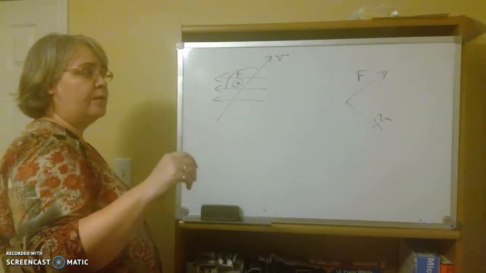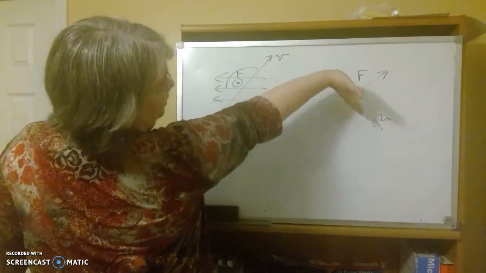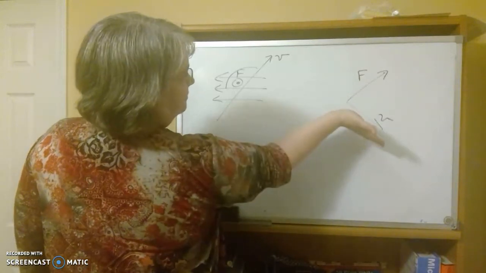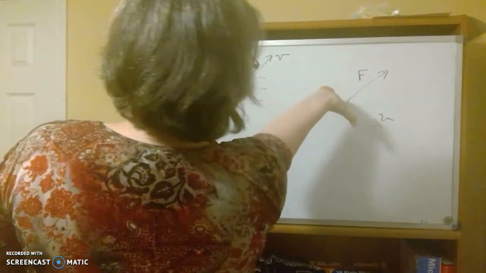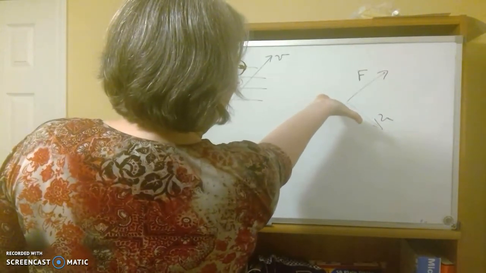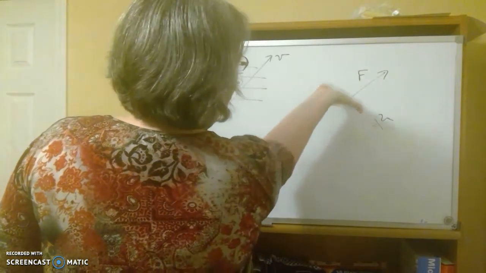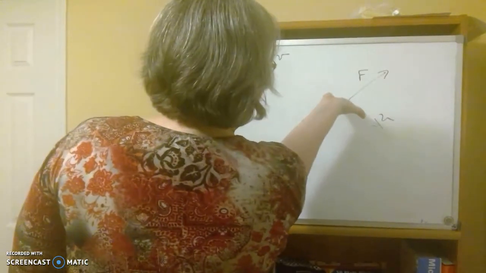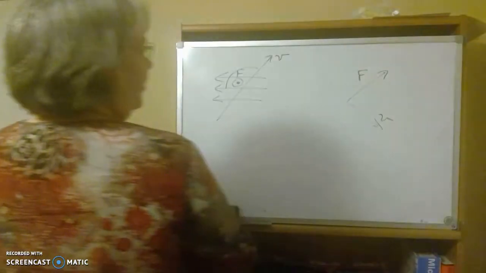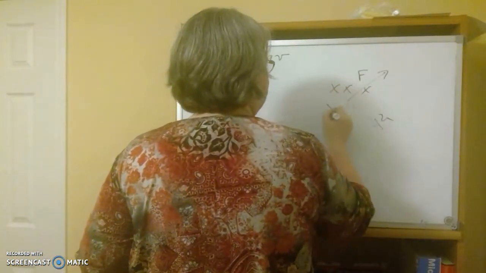Okay, so I want my palm to show force. I want my thumb to orient toward V. Right, my palm pushes up this way. My thumb is pointed in the way that I'm hitchhiking. My fingers are pointing directly into the board. So that means I'm going to see the X's.